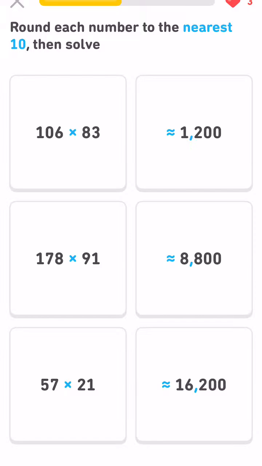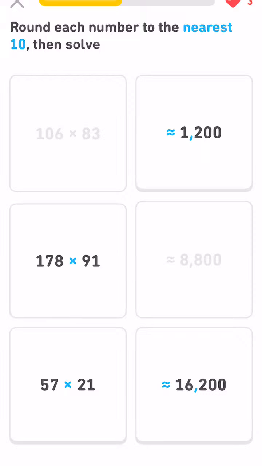100 times 80. Wait, am I doing that right? Yeah. Oh no, 110. Ooh, I was not doing that right. Okay, so that would be this one. Let's see. 180 times 90. 72. 16. Gotcha.